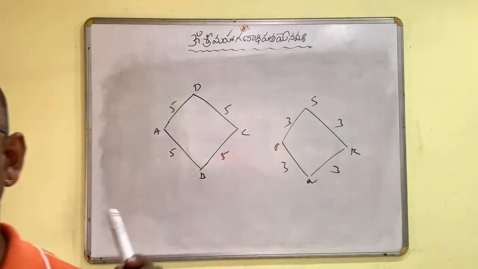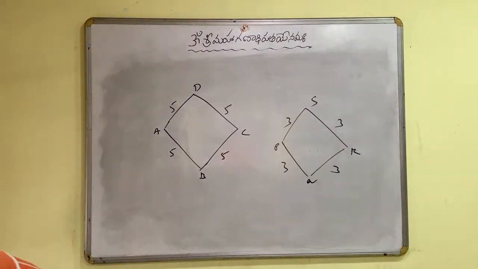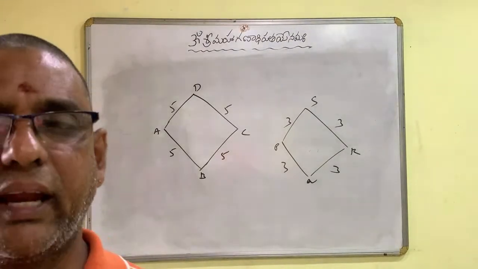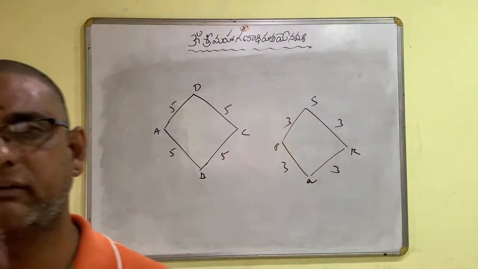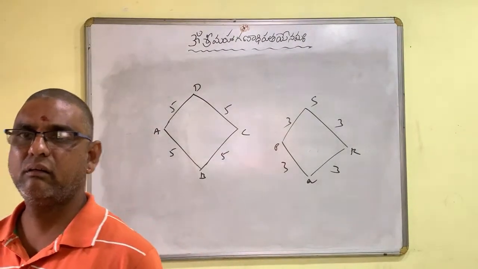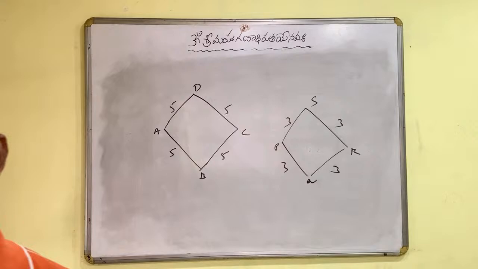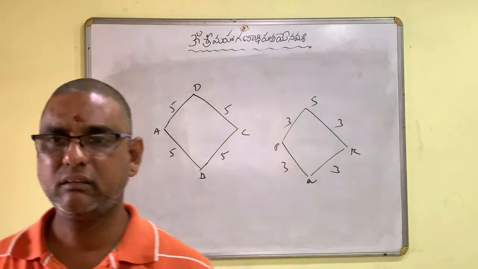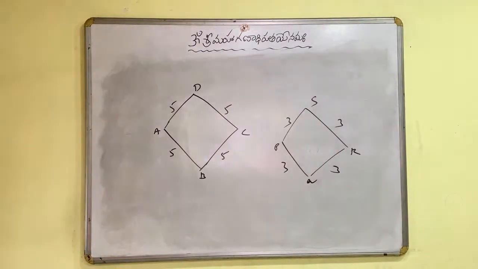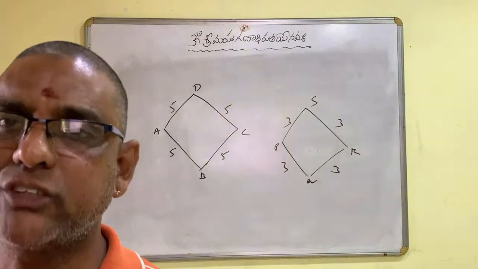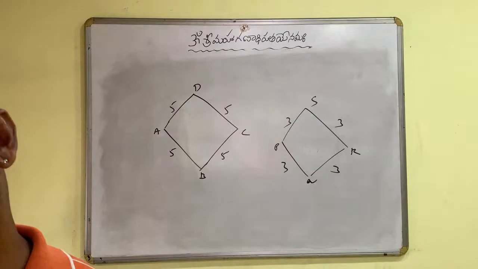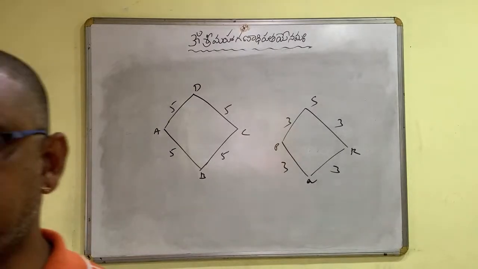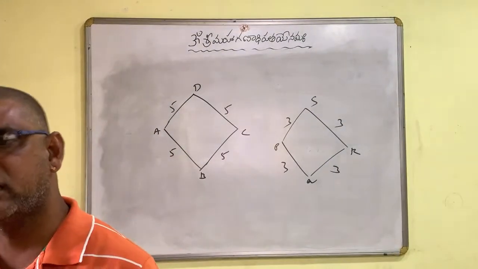Same shape and sides ratios equal. Can I say they are similar? Then we need to see whether they have same angles or not. If they have same angles also, they are similar. Otherwise, not similar. So they might have same angles or different angles.